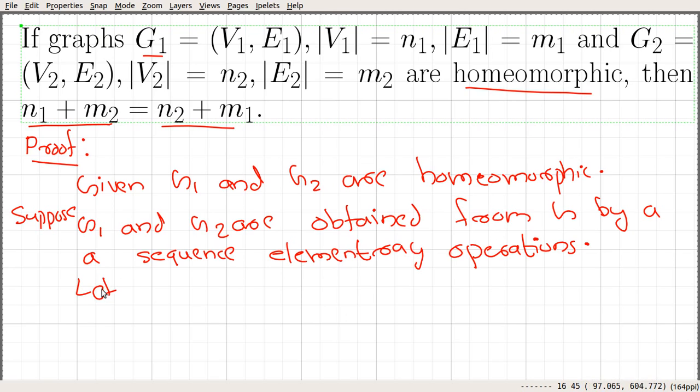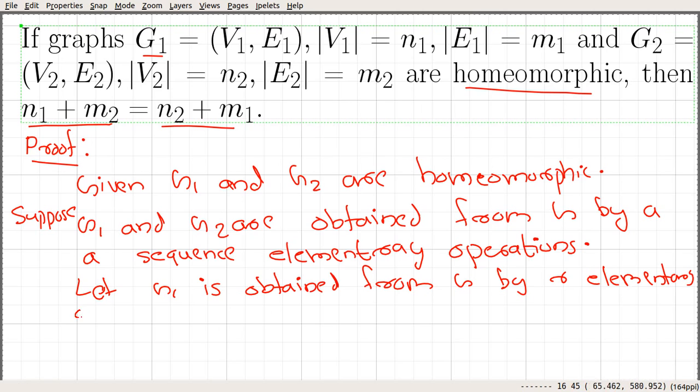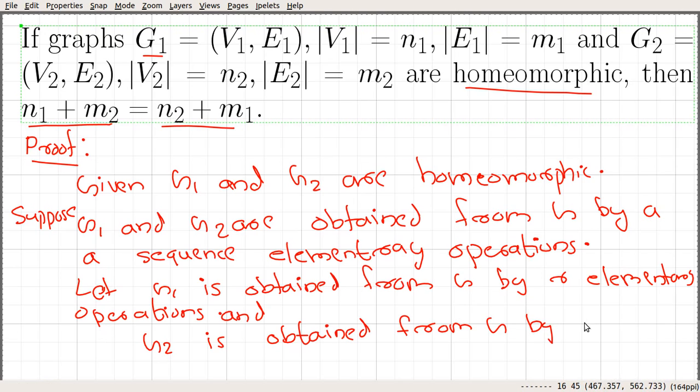Let G1 be obtained from G by, say, R elementary operations, and G2 be obtained from G by, say, K elementary operations.